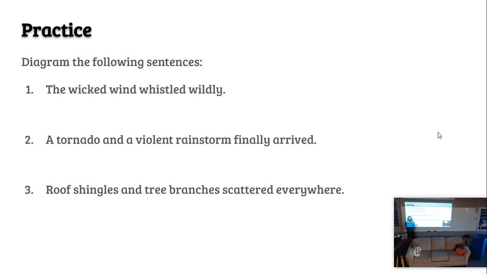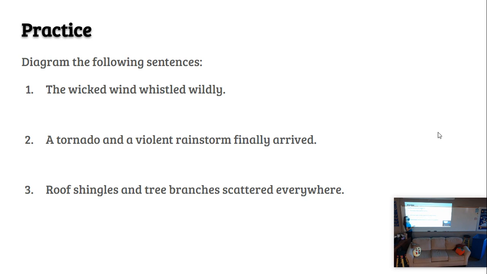Let's do this. We're going to do the same thing. We're going around the room. You're all going to give me an answer, okay? So, actually, Steph, we're going to start with you. We'll go backwards this time. Okay, so, number 1. Where's our subject? Yeah, girl. Wind. Wind is our subject. Okay, Mary, where's our verb? Whistled is our verb.